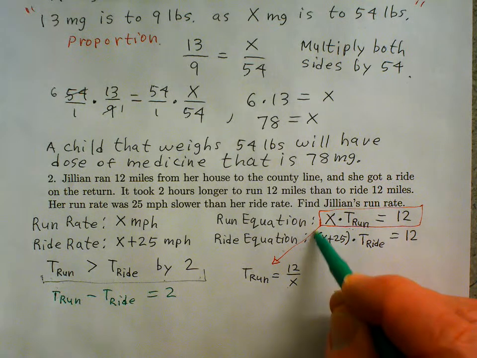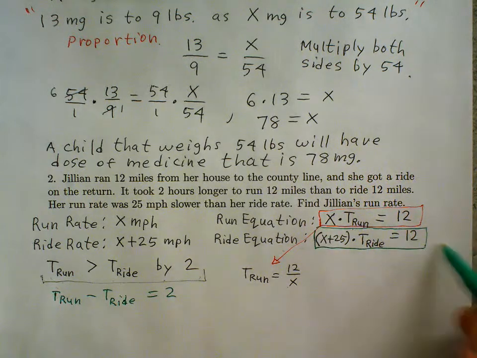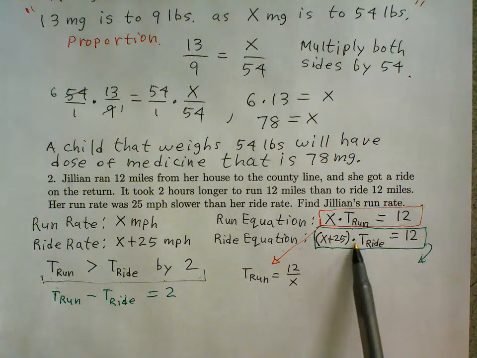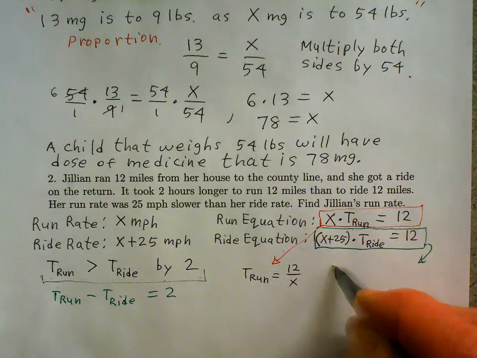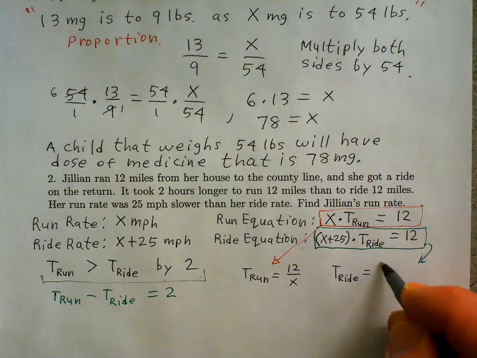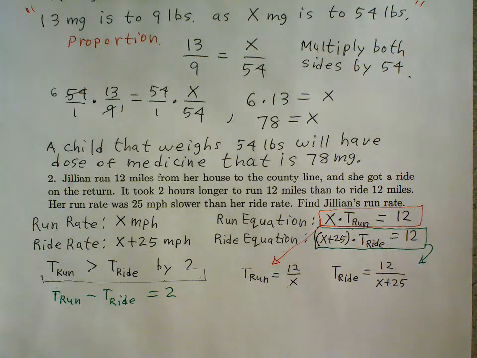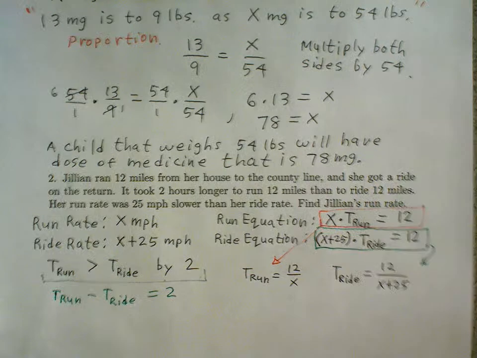And then we're going to solve the other equation for T sub ride. X plus 25 times T sub ride equals 12. So if we divide both sides by X plus 25, we get T sub ride. Do you see how this is working out?